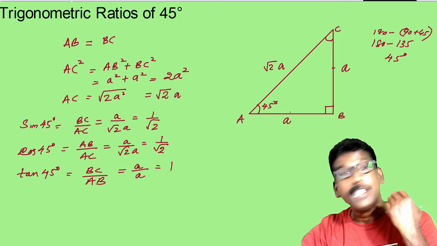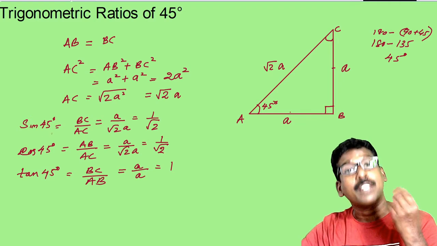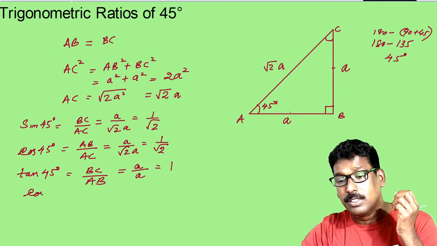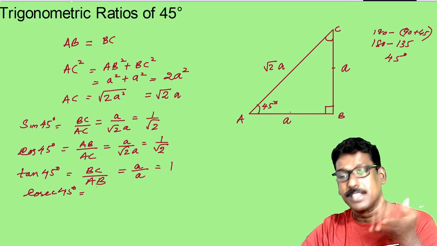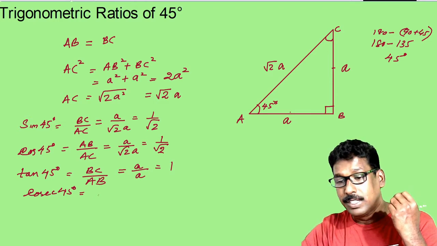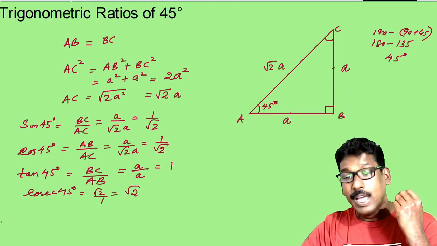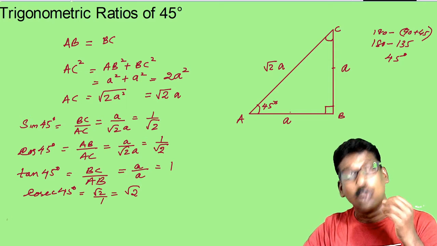Now what are the remaining ratios? They are reciprocals of these three. Which is the reciprocal of sine? You can write it as cosec 45. Cosec 45 means just take the reciprocal of sine 45, that is root 2 by 1. That means root 2. And what is the reciprocal of cos 45?